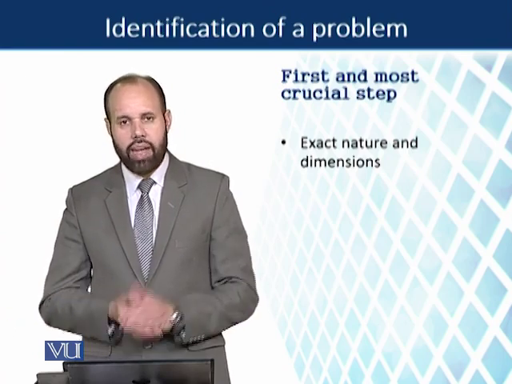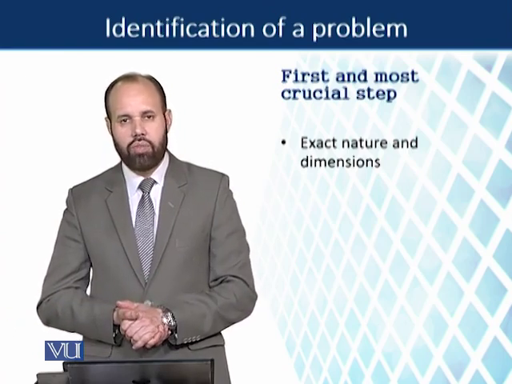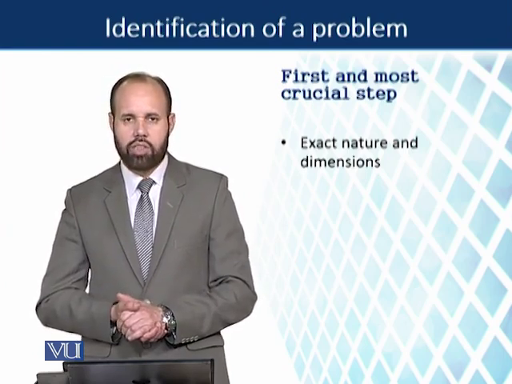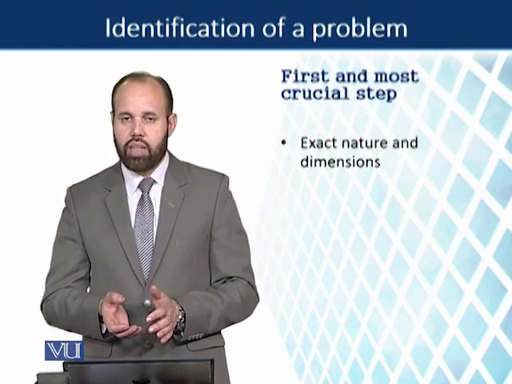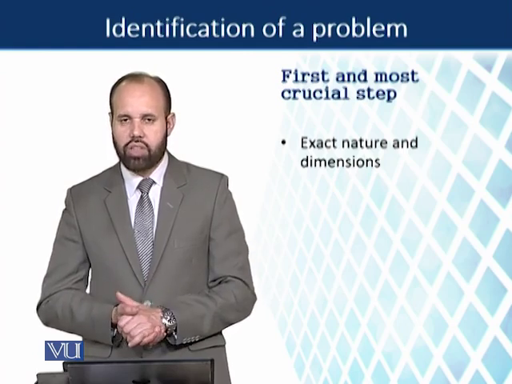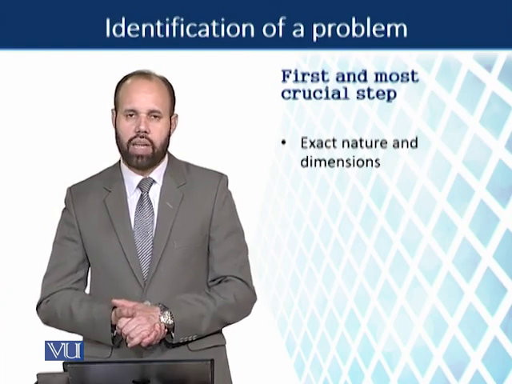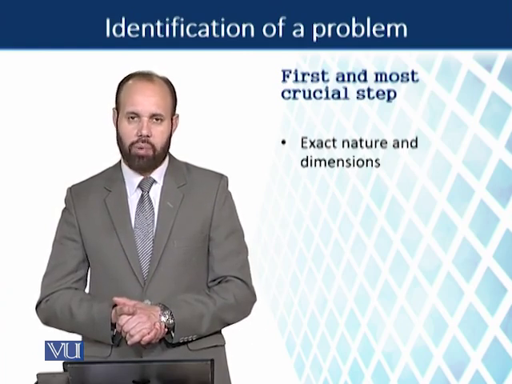In order to identify a problem, we must be able to define the problem in its very exact nature, right? And on the basis of that exact nature and the dimensions of that problem, we would be able to identify a problem.